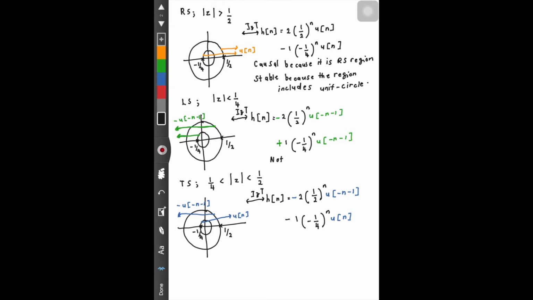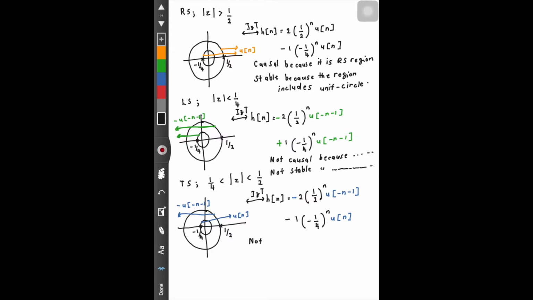Okay, for this one, it is not causal. Why? Because you have to state, because the region is a left-sided region. This region is not stable because the region does not include the unit circle.